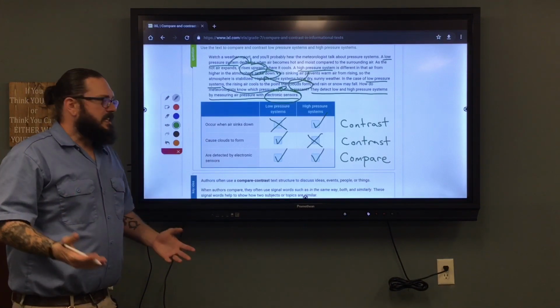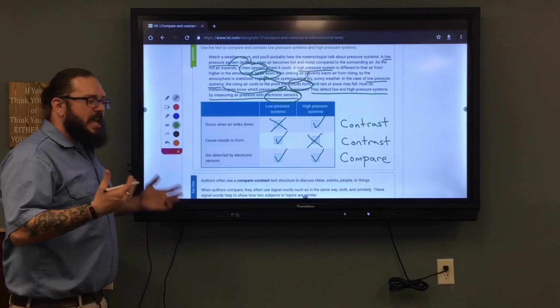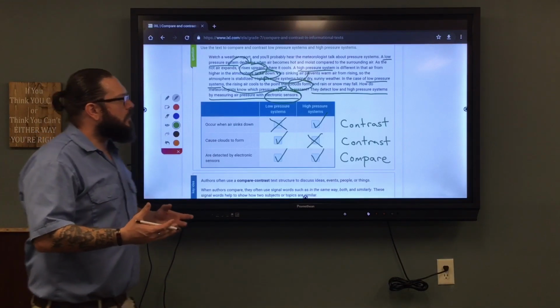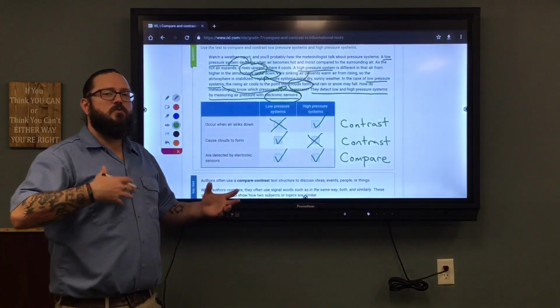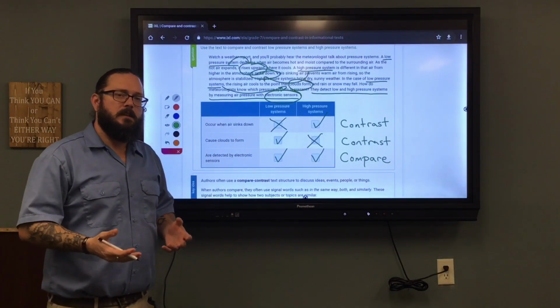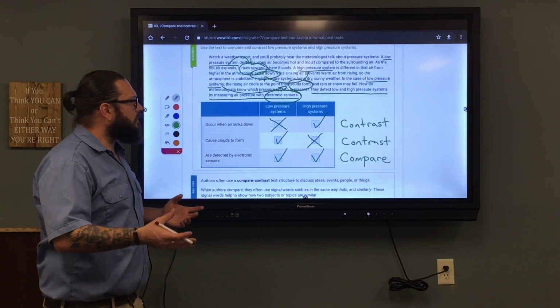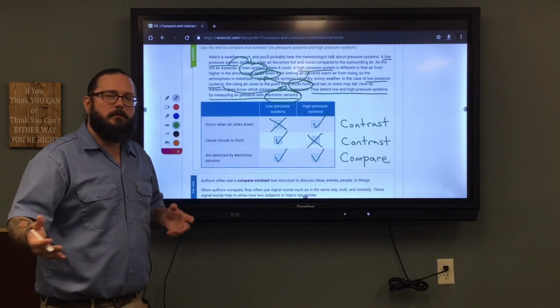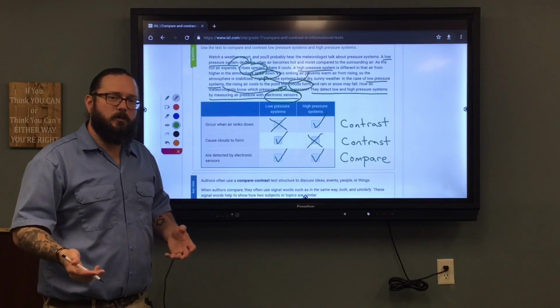So now we see how we can use evidence to help identify whether an author is describing how two ideas or things are different, as well as how an author will compare how two different things are similar.